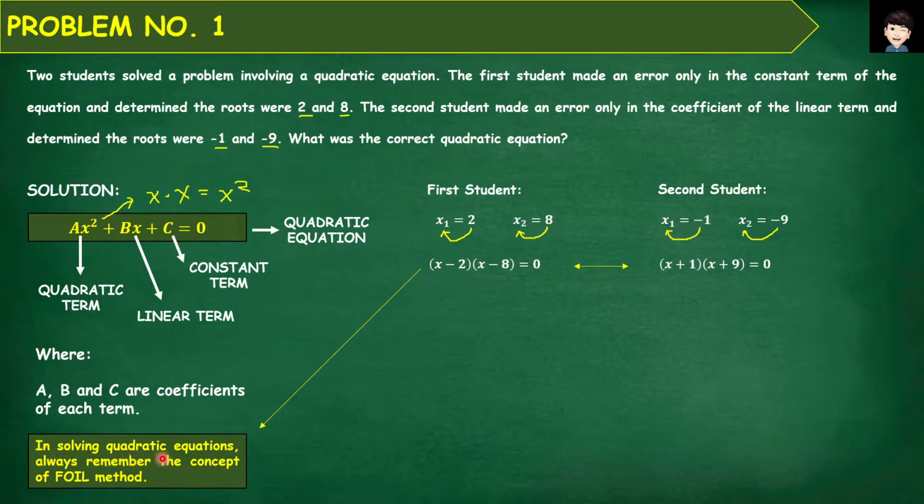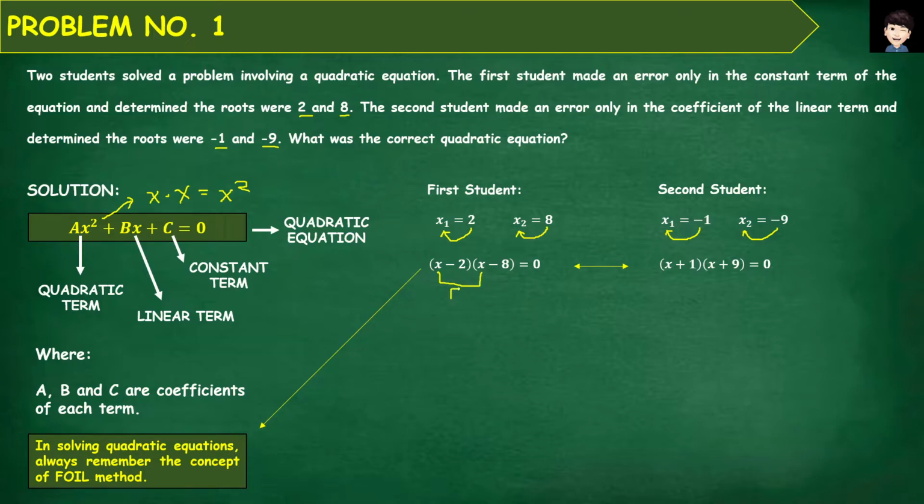In solving quadratic equations, always remember the concept of FOIL method. So kailangan natin gamitin yung FOIL method para makapag-solve tayo ng quadratic equation. So ano ba yung FOIL method? Base sa abbreviation ng FOIL, so letter F, we have first terms.